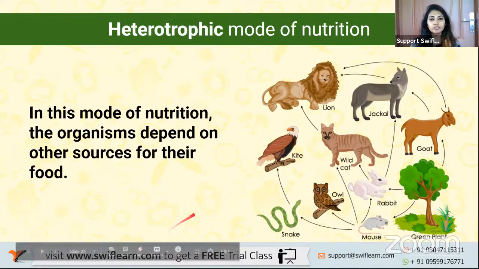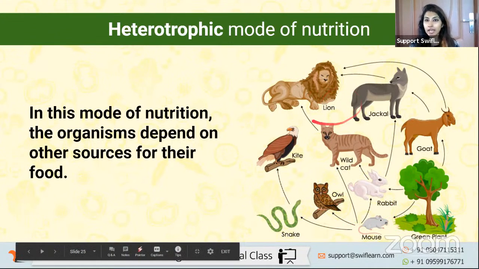So now, here is a small example of how other organisms take food from the green plant. I'll show you two examples of cycles.